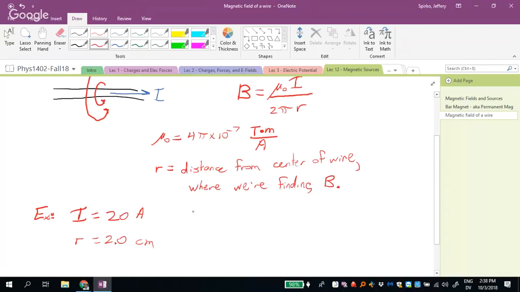So then we could calculate this B. I'm going to leave room for my fraction and see if you can calculate this. It should come out to 2 times 10 to the minus 4th Teslas.